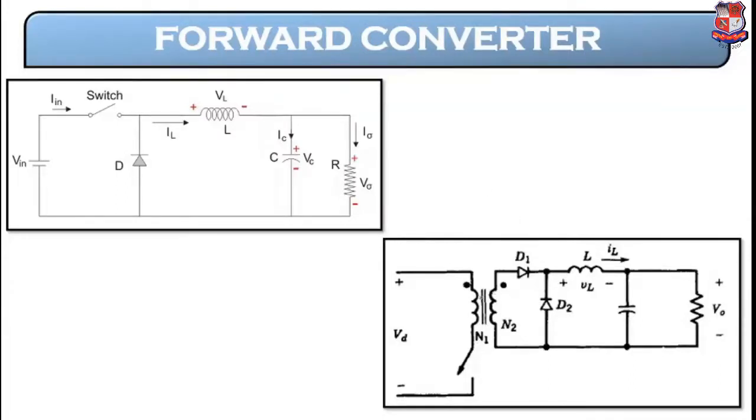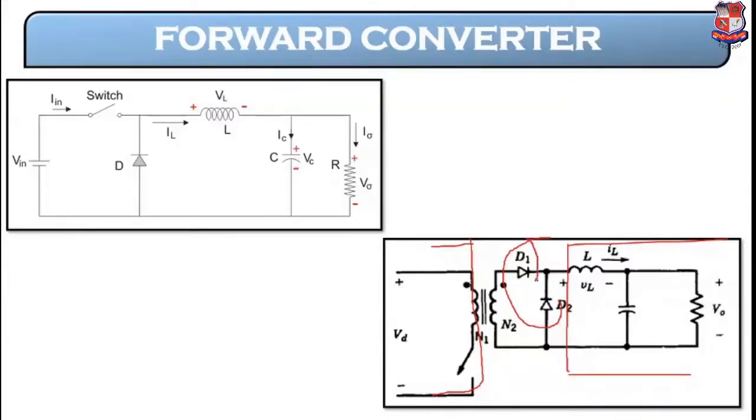So what is done is that we get a coupling of inductor, and that is separating the buck converter. For the configuration, this much part and this much part is the same as the buck converter. What extra is introduced is these diodes.